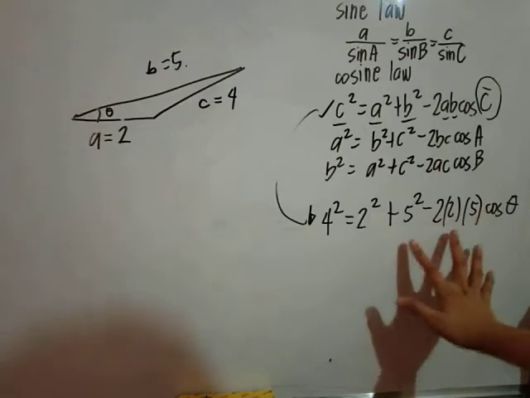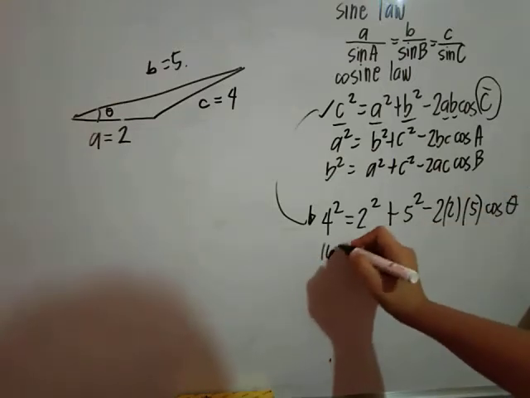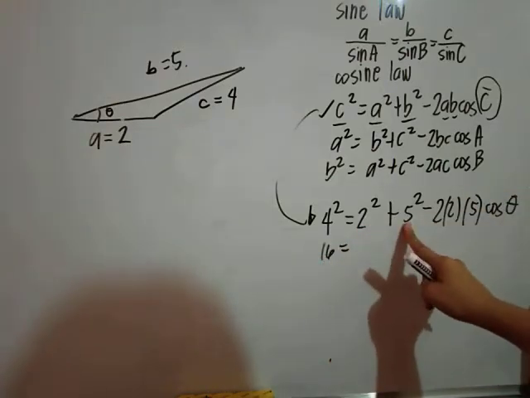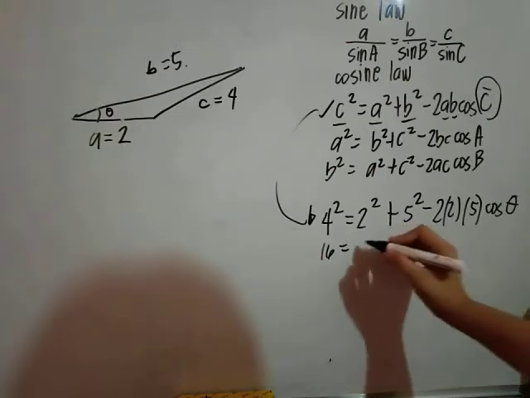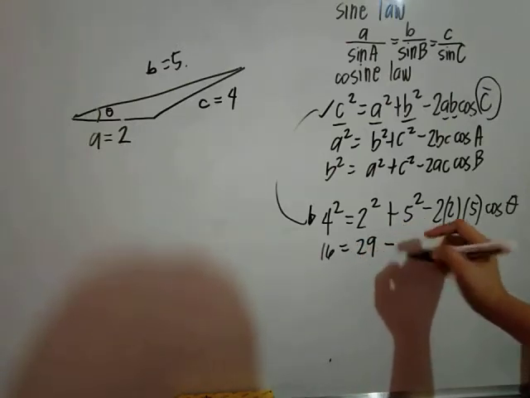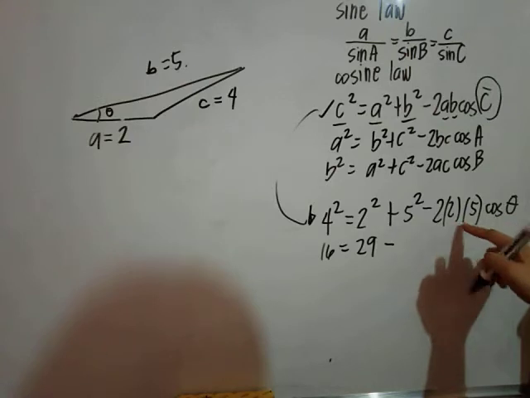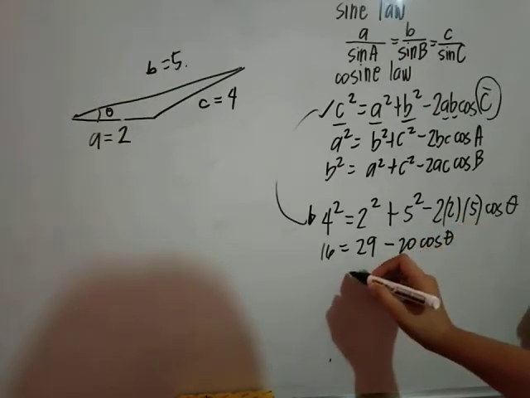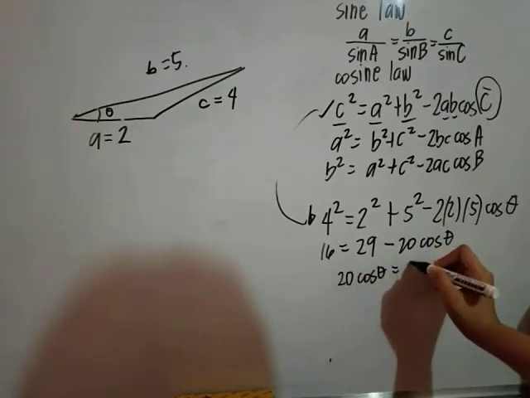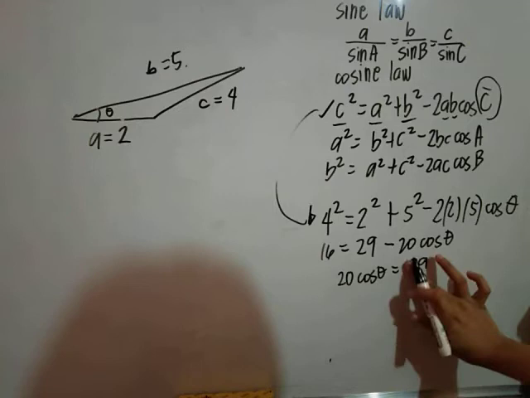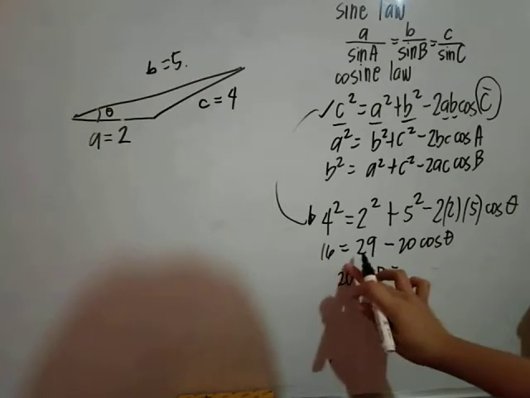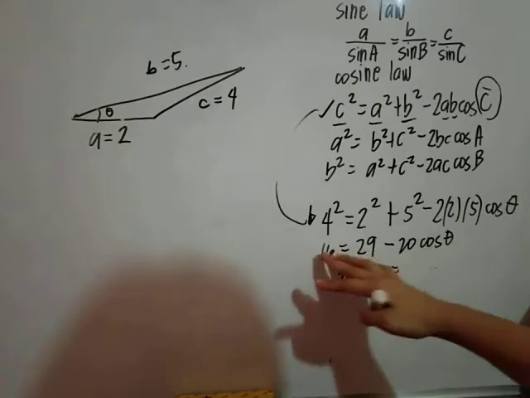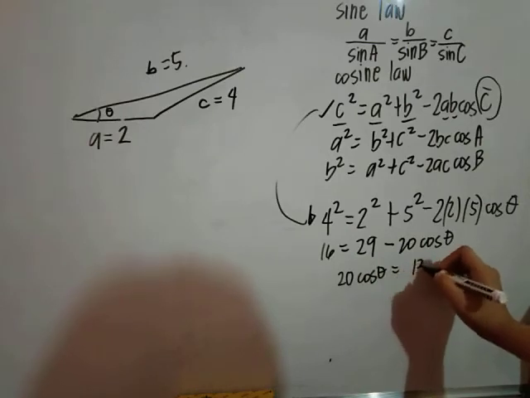So, simplify natin to. So, we have 16 equals 4 plus 25 is 29, minus 2 times 2 is 4 and then 20 cosine theta. So, we have 20 cosine theta is equal to 29 minus 16, kabila ko, so we have 13.